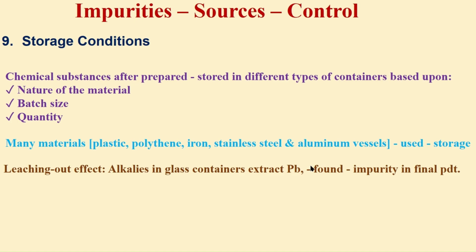Because of the manufacturing process and also because of the storage conditions. And when it occurs, what we should do? We have to take back the product which has been already in the market and we have to destroy it.